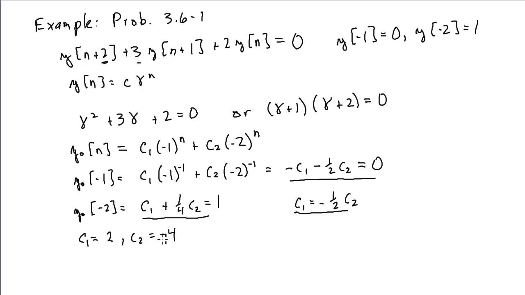So plug these values into these two equations and see that they satisfy the equations. So finally, the zero input component of the total solution is 2 times -1 to the n minus 4 times -2 to the n.